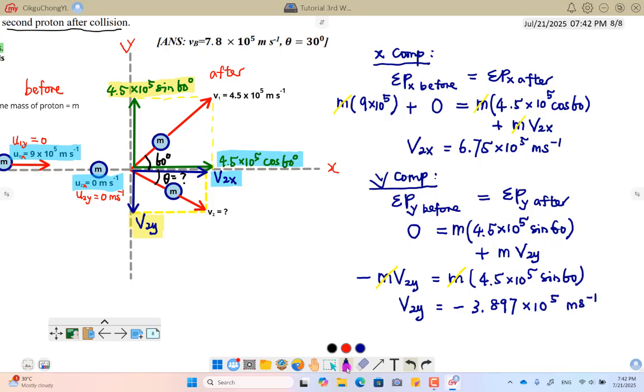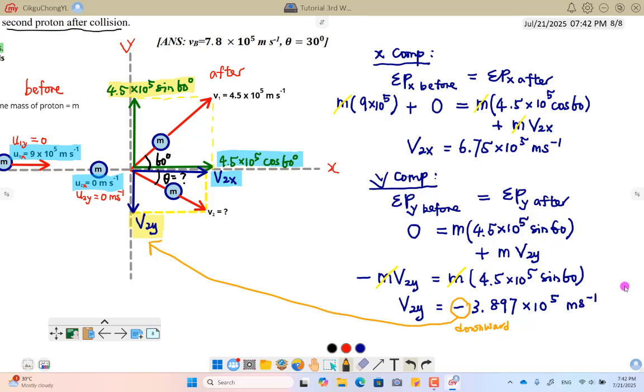Okay, no worries with this negative. It's okay. This negative is telling you that our second proton is moving downwards, which means our drawing is correct. So this negative shows that the second proton is moving in the downwards direction along the y-axis.